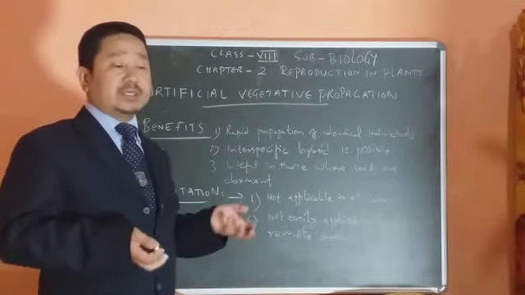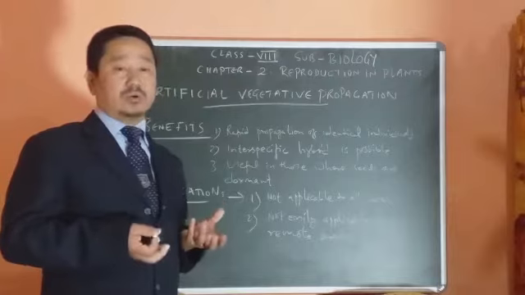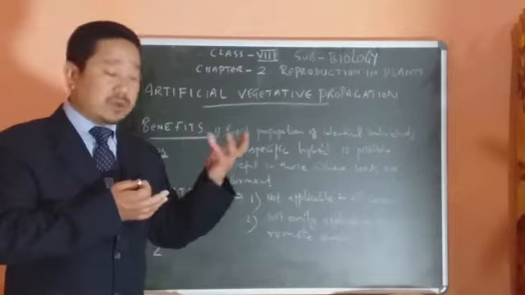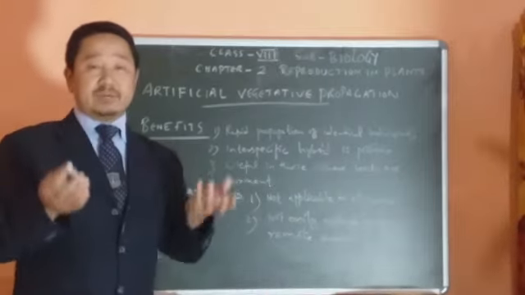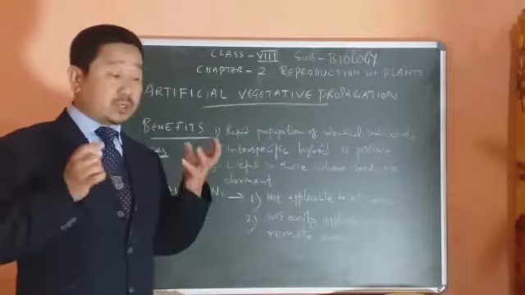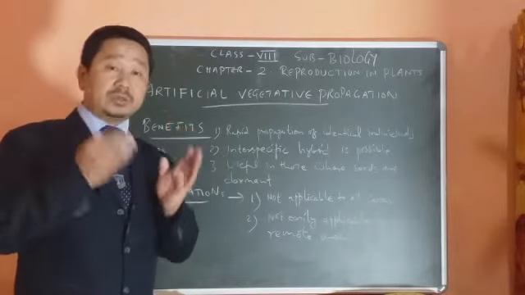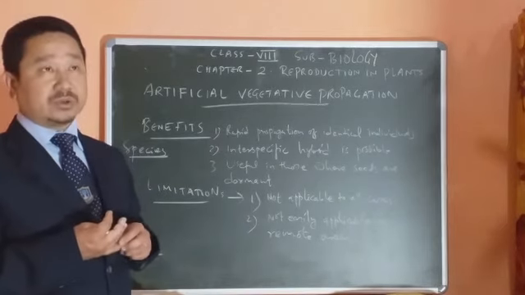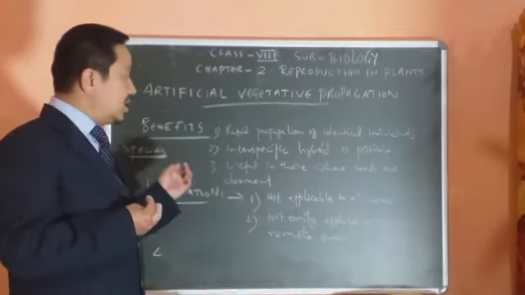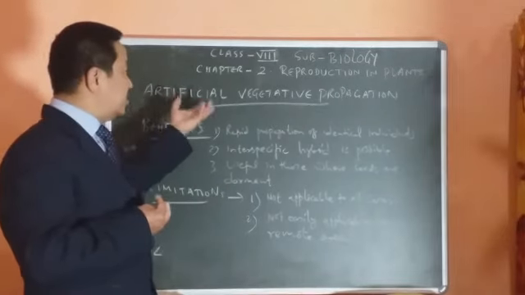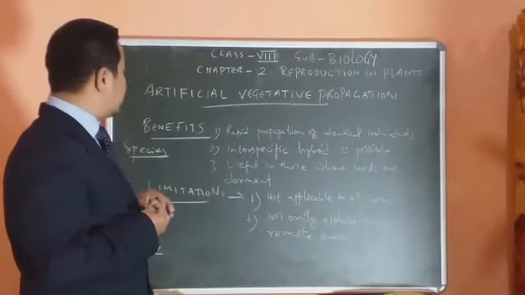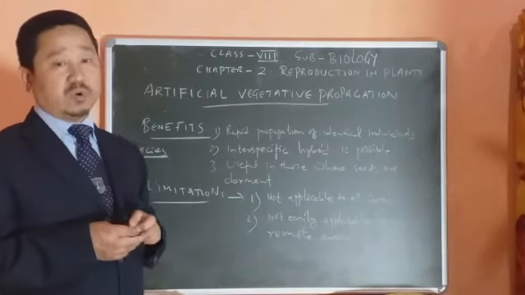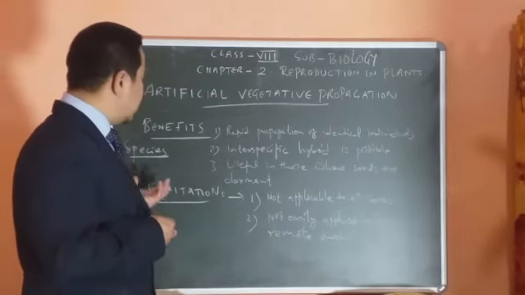You may need plant growth hormones, sterilization chemicals, and different kinds of equipment that we use in micropropagation. All those things may not be available in remote areas. Some of these may be useful, but all different forms of artificial vegetative propagation may not be possible in remote areas. So these are the limitations.